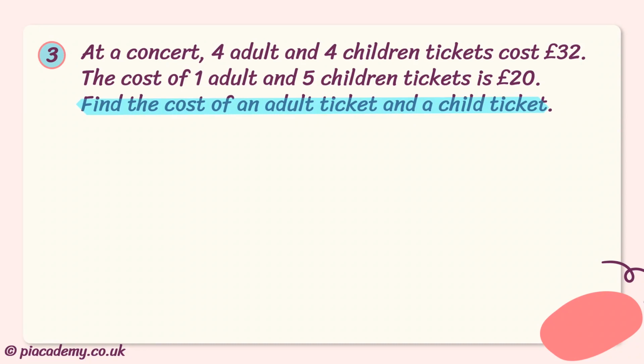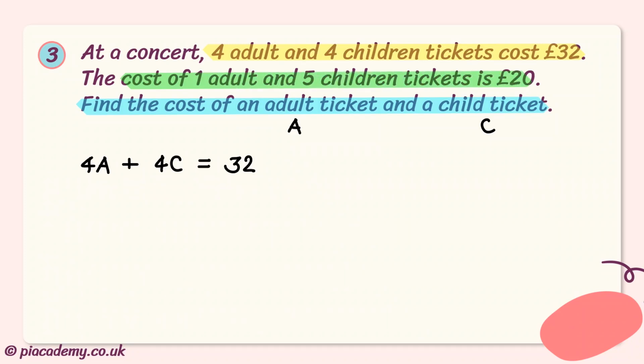Let's assume the cost of an adult ticket as A and the child ticket as C. According to the question, the entry price for 4 adults and 4 children is £32. We can write 4A plus 4C is equal to 32. Next, it also says that the cost of tickets for 1 adult and 5 children is £20. We can translate that to A plus 5C is equal to 20.